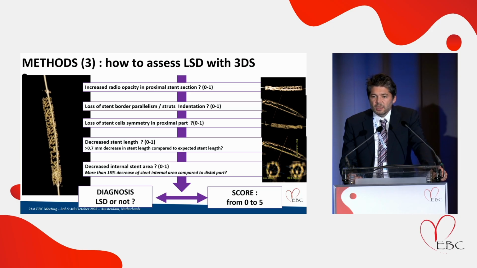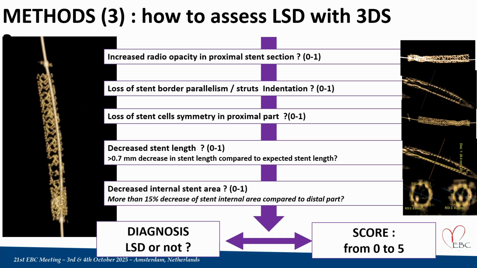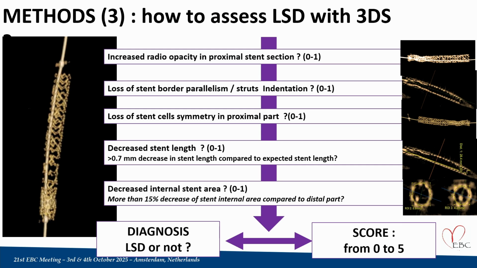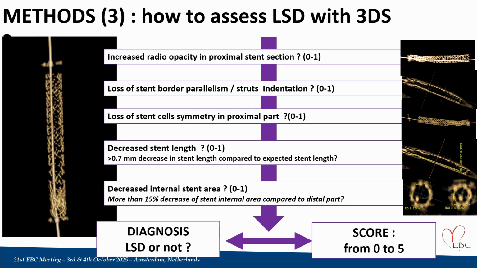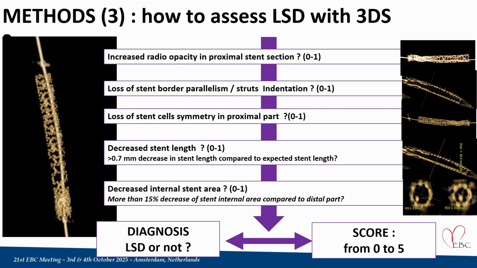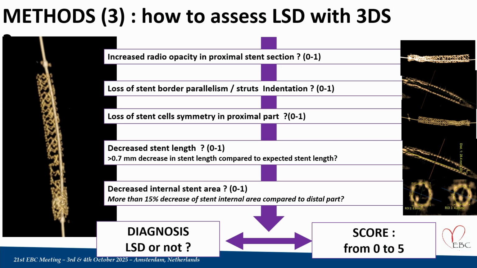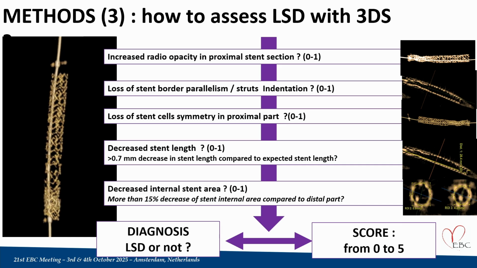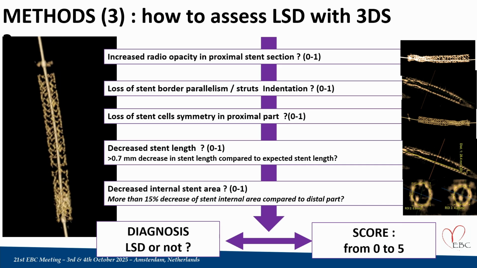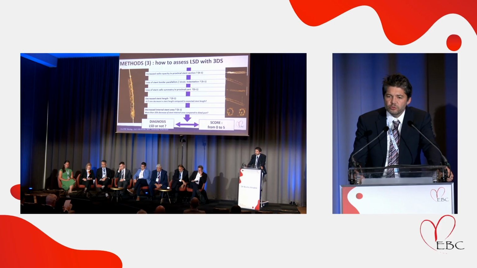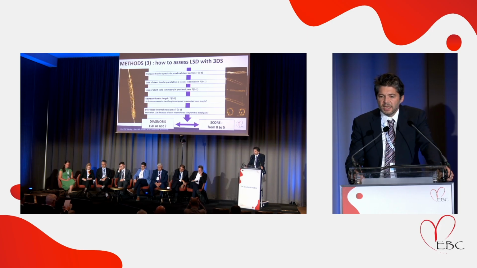We created 5 criteria to analyze the structure of our stent. We were looking for the presence of an increased radial opacity in the proximal stent section, the loss of the stent border parallelism, the loss of the stent cell symmetry in the proximal part of the stent, and decreased stent length as compared to the initial stent length.